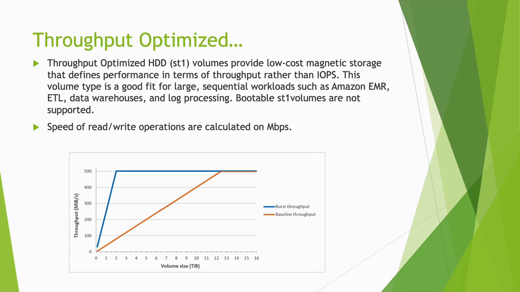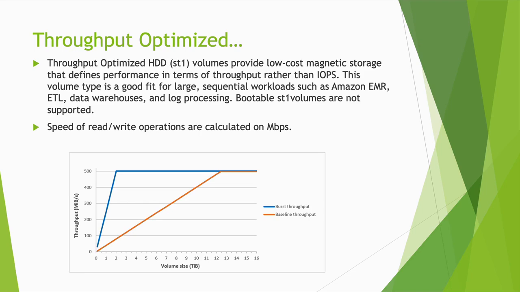Next one is throughput optimized. Actually, these are the volumes provided by Amazon under low cost magnetic storage, which is less performance oriented compared to the previous one.